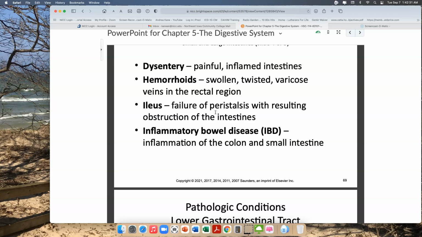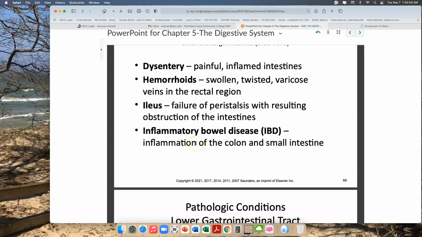And sometimes someone will get an obstruction, and the obstruction is dealt with, but the intestines are not ready to get back to work. And so it's like they're taking a long extended break, and they have to get that moving again. Inflammatory bowel disease, this is inflammation of the colon, the small intestine.